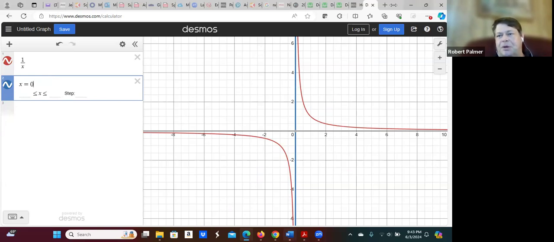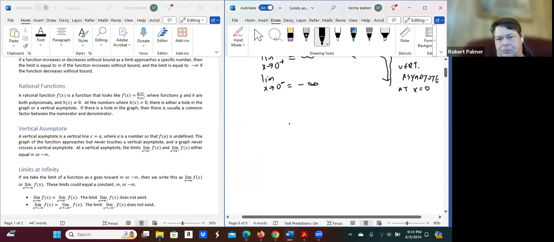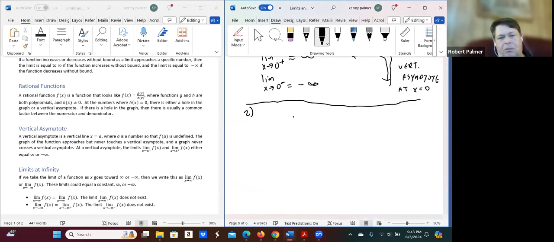Okay, let's get another example. Let's call this, once again, f of x. Let f of x be 1 over x minus 3 times x plus 2.